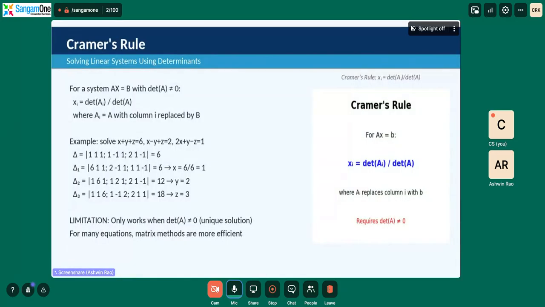This is Cramer's rule. This is the solved example: x minus y. As you can see here, take the matrix of this and solve these determinants. We will get these values.